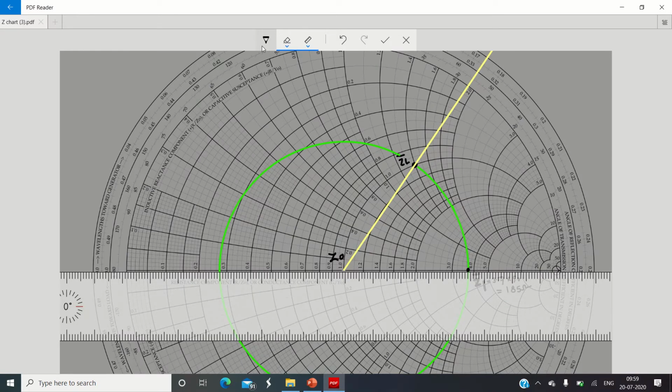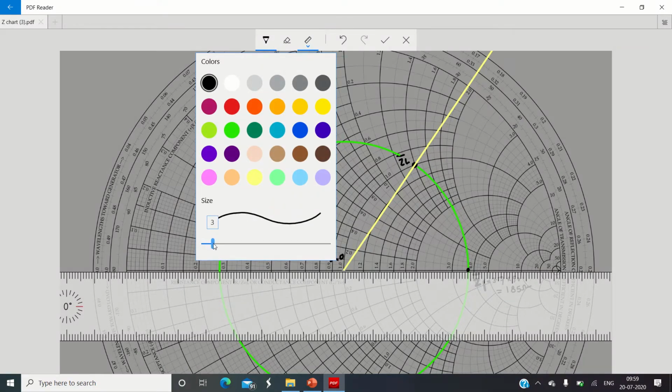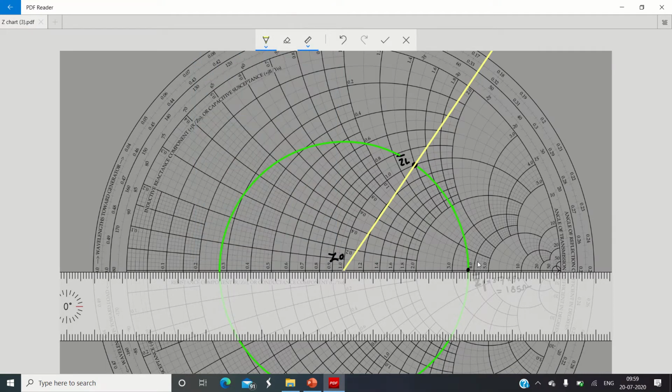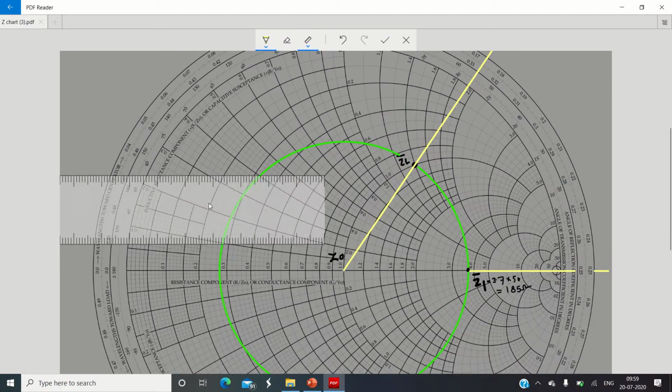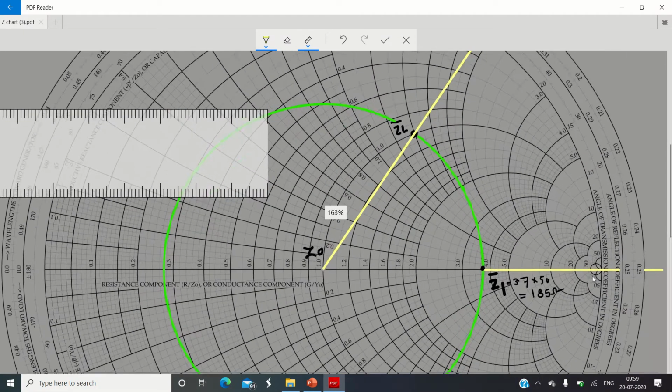I will choose a different color again, a yellow color. And from Z1 bar, you draw a straight line which intersects over here. And at this point you read what is the value of WTG. So here I will zoom in the area.